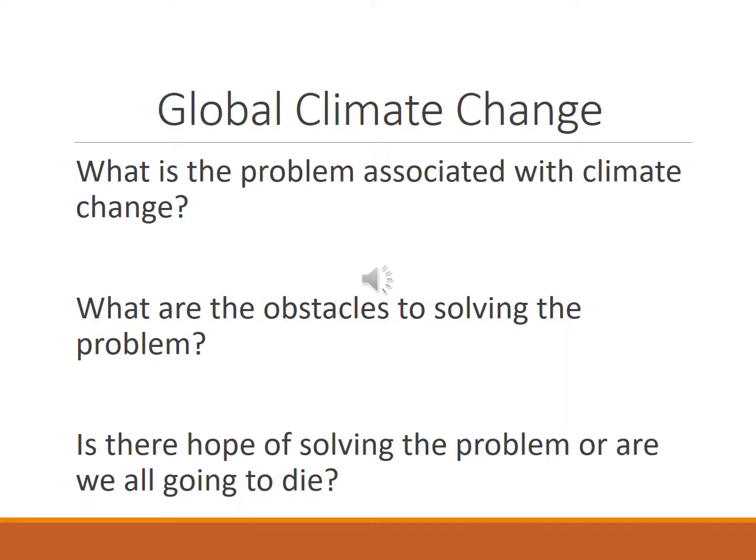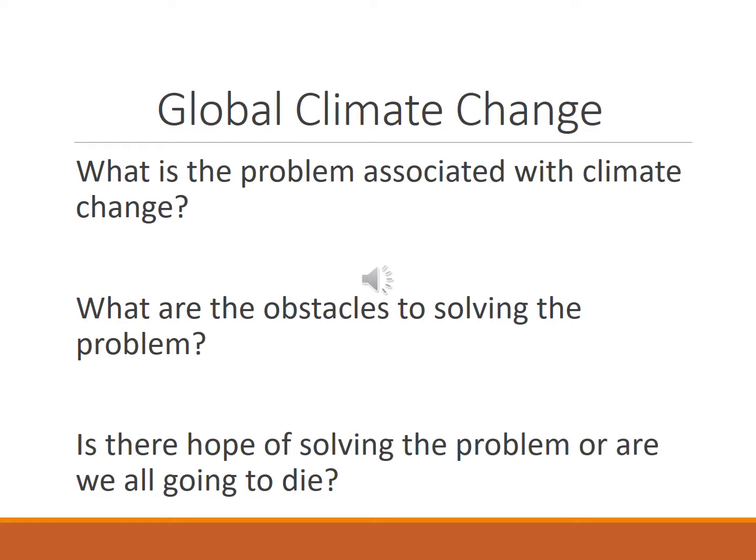Now we come to the biggest problem with regards to environmental security, the problem of global climate change. And there's three aspects to this problem. First, what is the problem with climate change itself? In theory, the climate changes, the weather patterns change. Why is this a problem? Certain places that it rains a lot, doesn't rain as much, and places where it doesn't rain, it rains more.